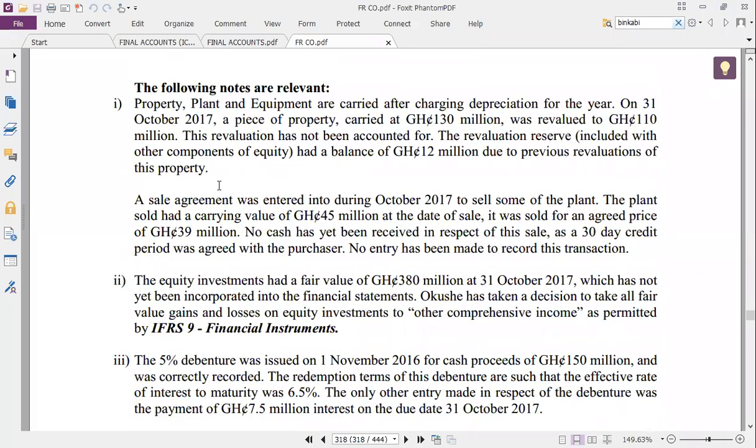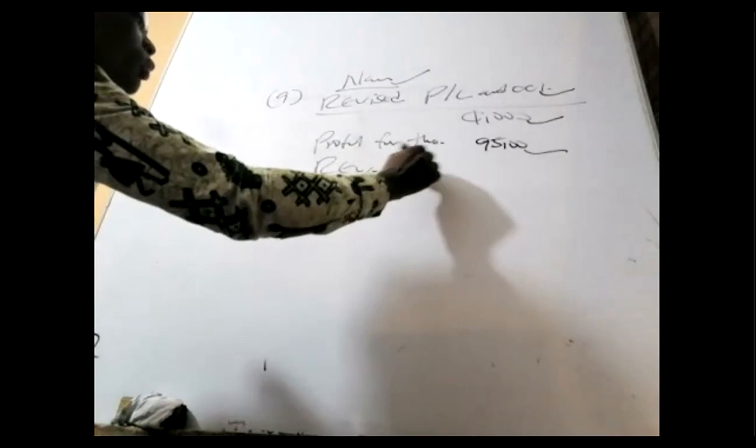That is all. So in short, if 20 million is the loss and 12 million is reversed against the other component of equity, what remains? 8 million. So the actual loss that should hit the P&L is 8 million. So in our P&L, we place 8 million there: revaluation loss 8 million.